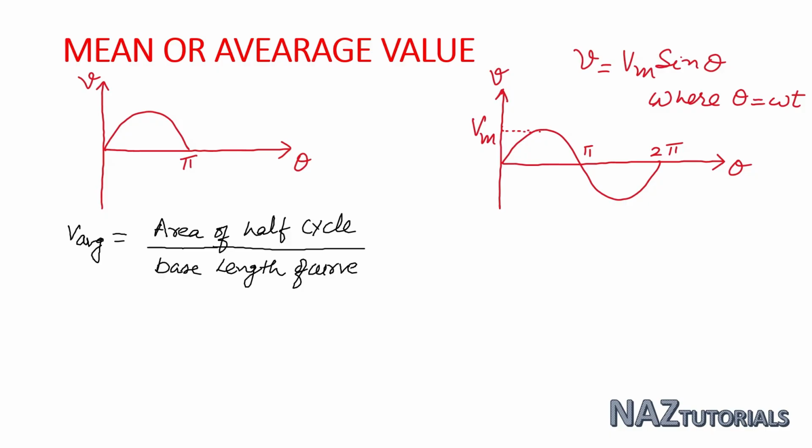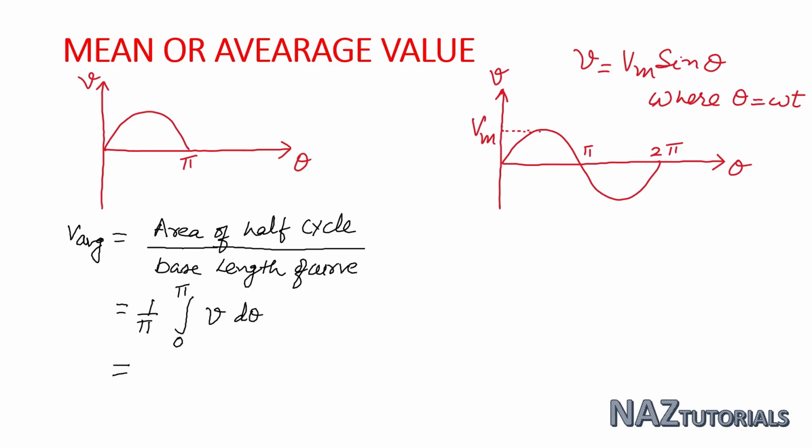The base length of the curve is π, so it is 1 upon π, and the area of the half cycle is for the duration 0 to π, the integral of v dθ.